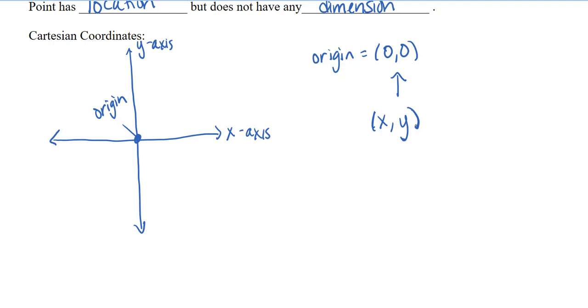Now, when we go back to our coordinate system right here, when we go to the right from the origin, this is going to be positive. And anytime we go up from the origin on the y-axis, that's also positive. But if we go to the left or down, that's negative.